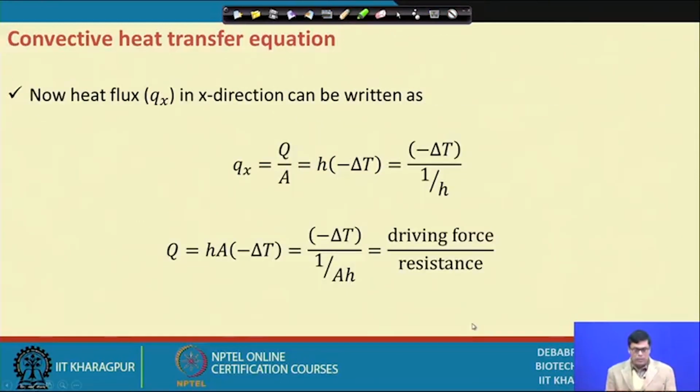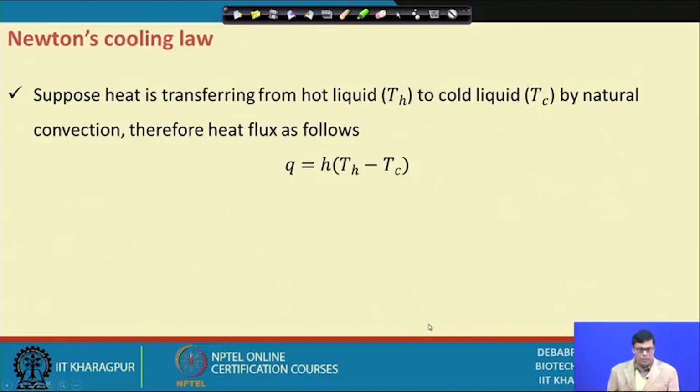As we did in the case of conduction, we can write this in the same form, driving force by resistance, and this will be 1 by hA. Now, Newton's law of cooling: when the hot liquid temperature is Th and the cool liquid Tc, the natural convection heat flux is Q by A equals h times Th minus Tc.